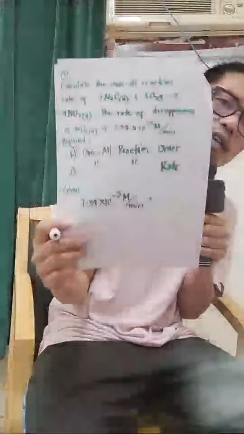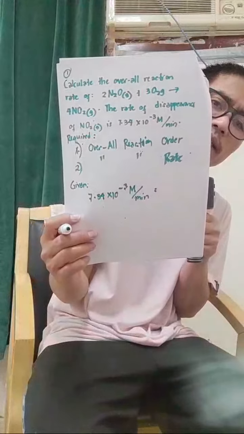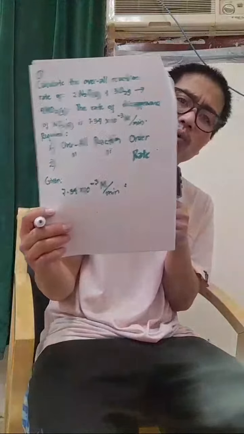If you have this 7.34 times 10 to the negative 3 molar per minute, this is just equal to 7.34 times 10 to the negative 3 moles per liter minute, because molar is moles per liter. This is a measurement of the expression of the concentration, the same as molality and normality, and in general the solubility we are referring to, the concentration.